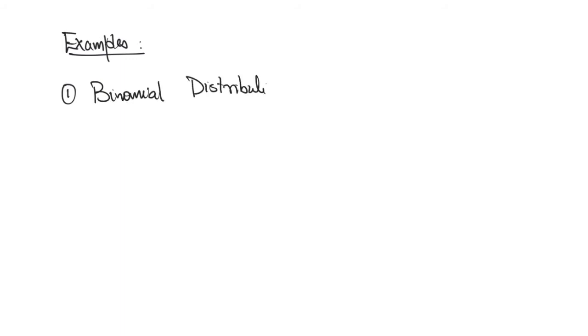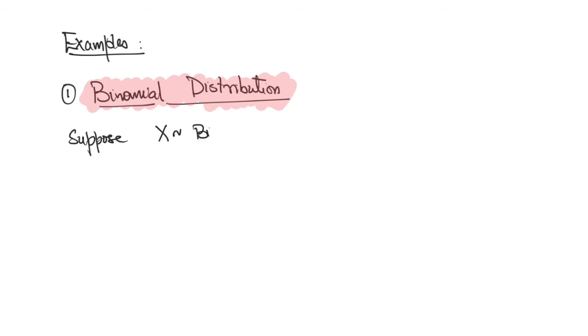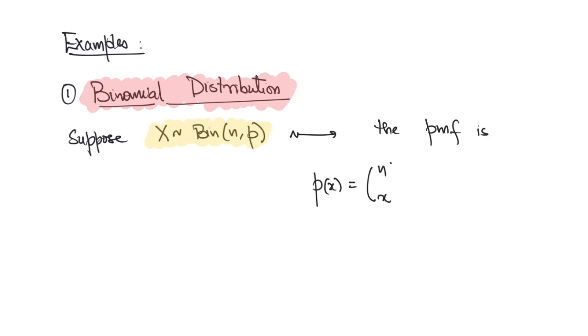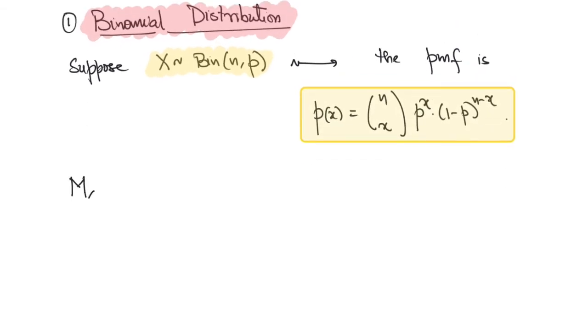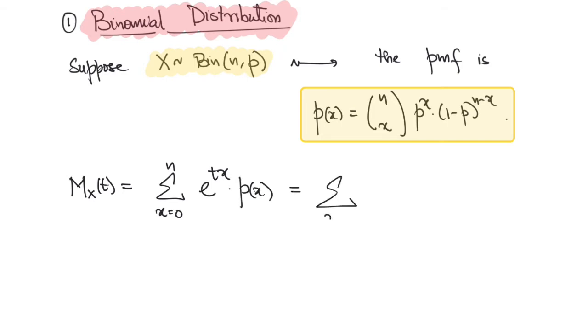Let's begin with the binomial distribution. So suppose the random variable X has the binomial distribution with parameters n and p. Then in this context, the PMF is defined as follows, and the moment generating function can be calculated as the series of the following calculations.